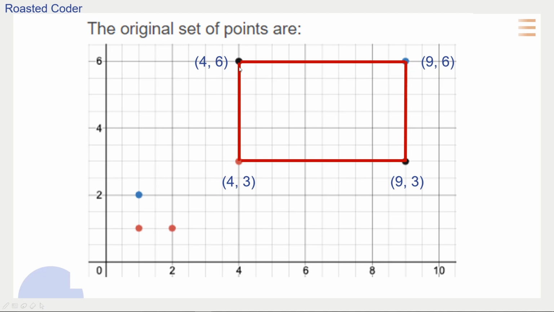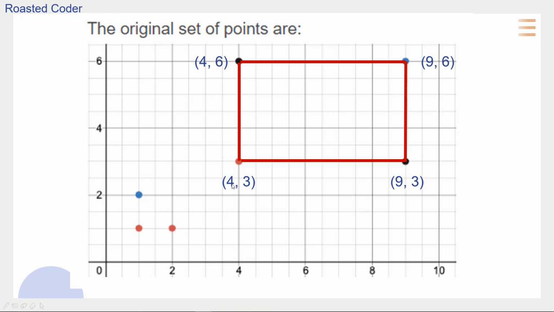Let's take these 2 points, 4, 6 and 4, 3. So x will be common to both points and y will be different. And again, if we take this side, y will be common to both since this side is parallel to the x axis, and x will be different.